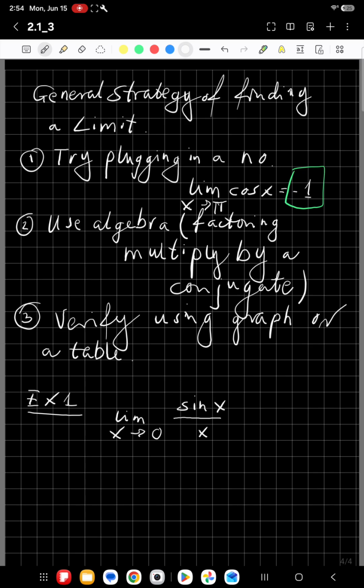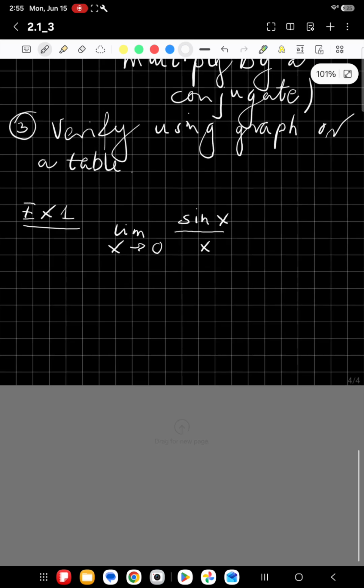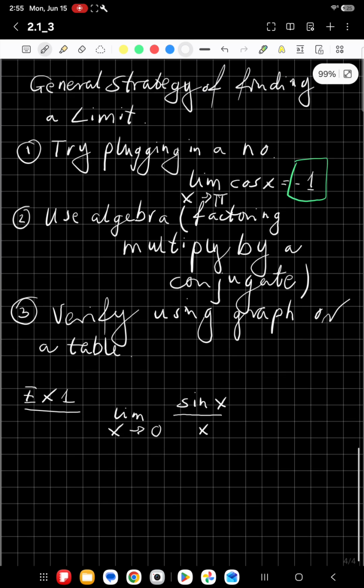Again we have a situation where we can't solve it by plugging 0 in, because we get 0 over 0. We don't have any other techniques for this particular problem. I think it's solved using something called L'Hopital's rule.